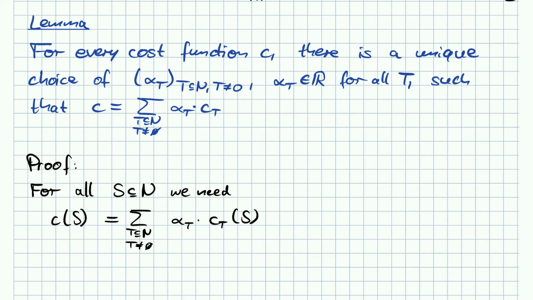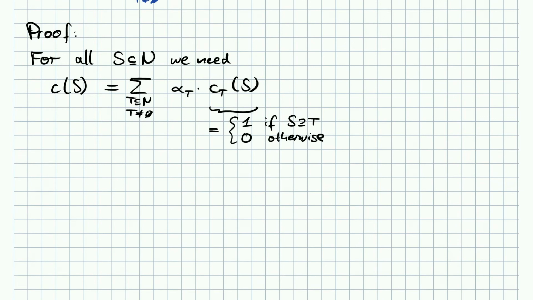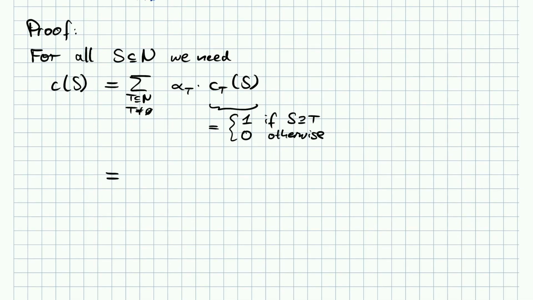Ct of s, I hope you remember, that was equal to 1 if s was a superset of t and 0 otherwise. So what we might here also just write is we could as well take the sum over all t, which are subsets of s, t shouldn't be the empty set, and then we just get alpha t.